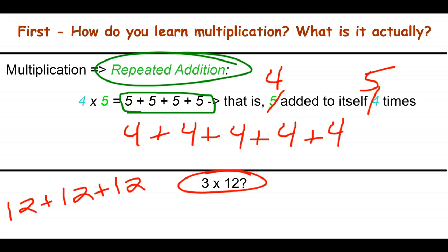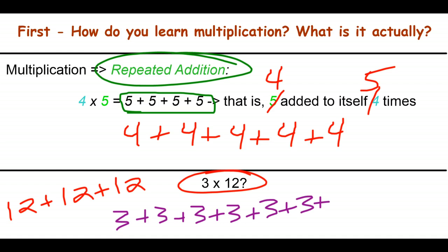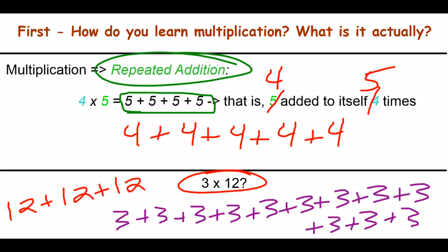On the other, slightly longer hand, 3 added to itself 12 times. 1, 2, 3, 4, 5, 6, 7, 8, 9, 10, 11, 12. So multiplication is just repeated addition.